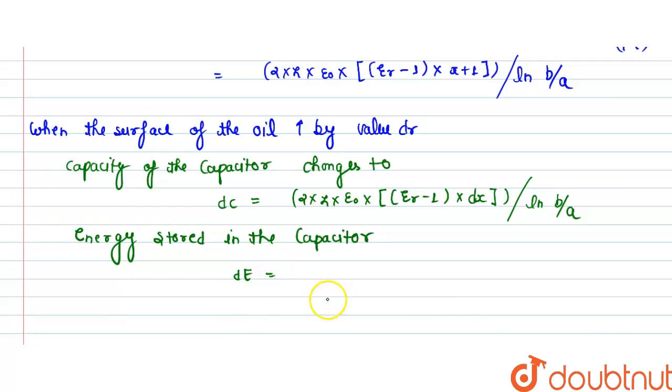So dE equals 1 by 2 into V square into dC. This is the change of capacity, dC.